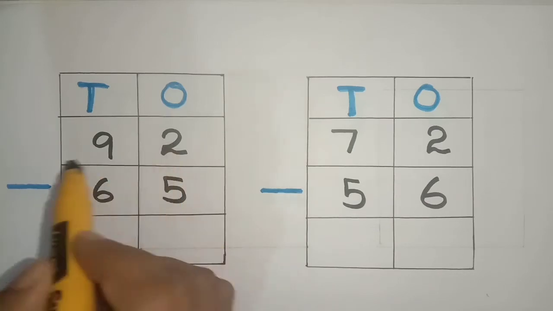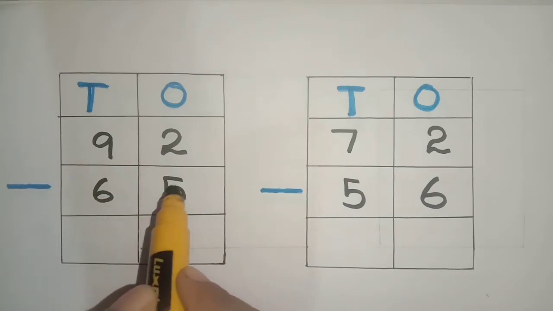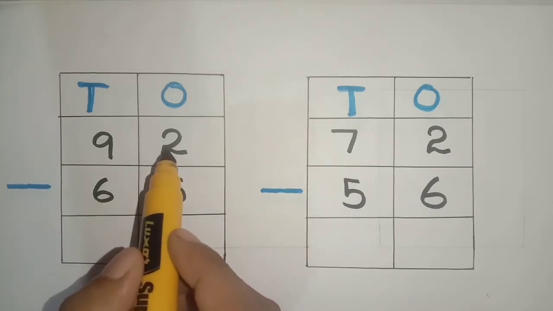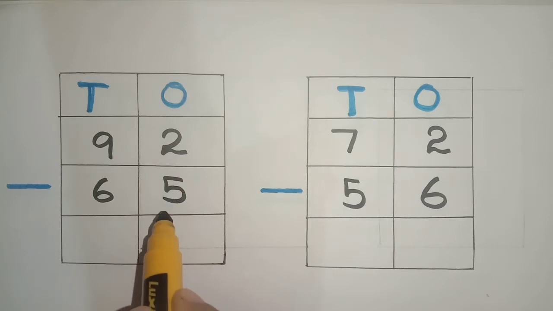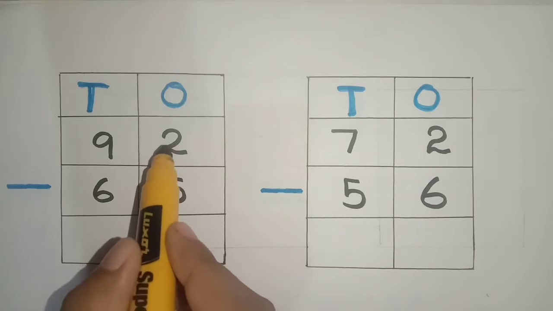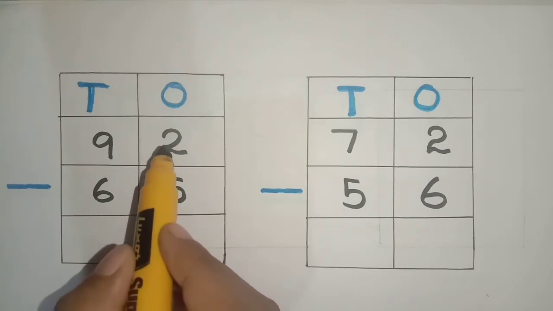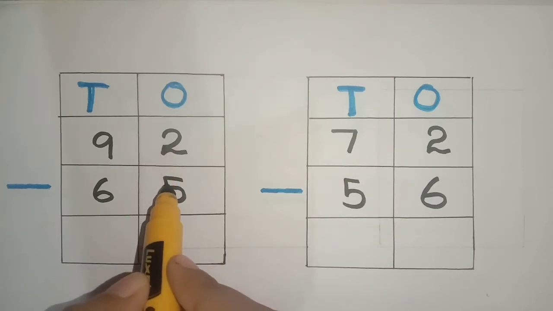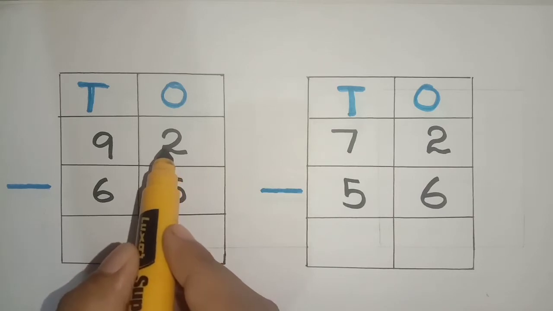So 2 minus 5. From the number 2, is it possible to subtract 5? Children, what do you think? No, we cannot subtract 5 from 2, because 5 is bigger than 2.